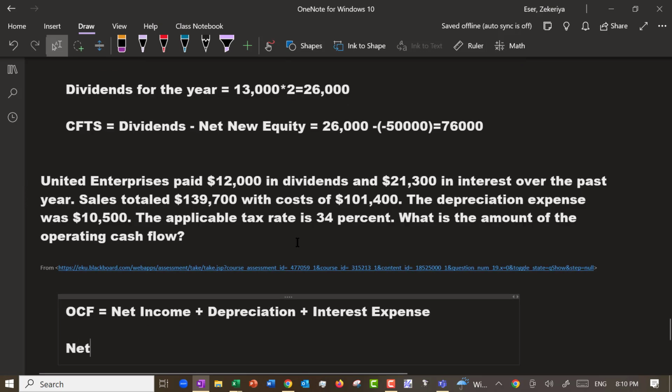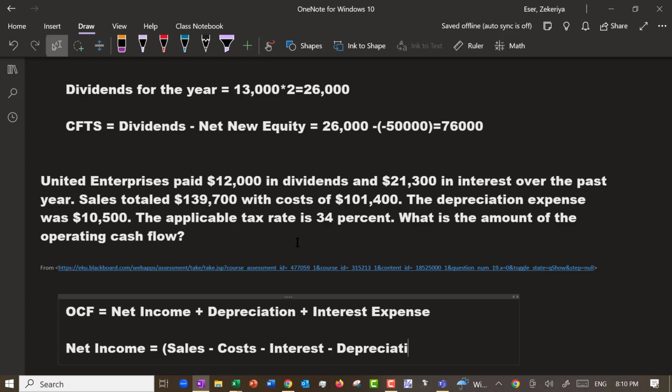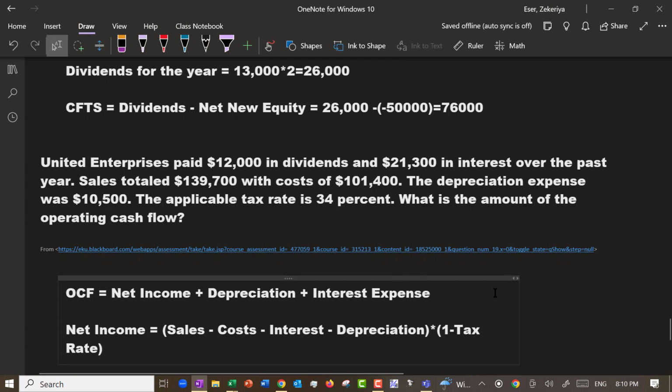And sales, 139.7. Cost, 1014. Interest, 21.3.